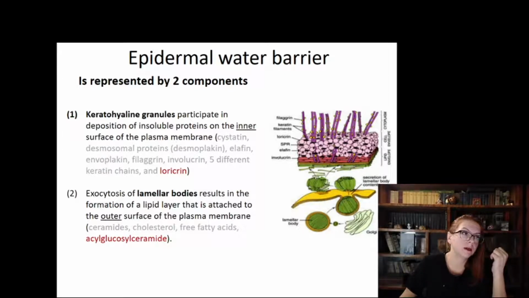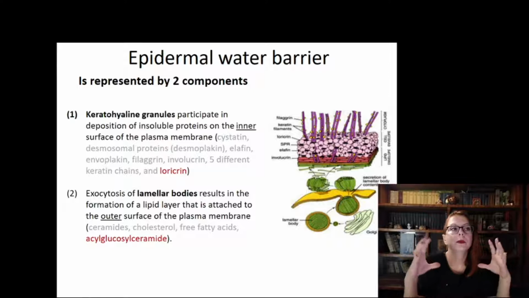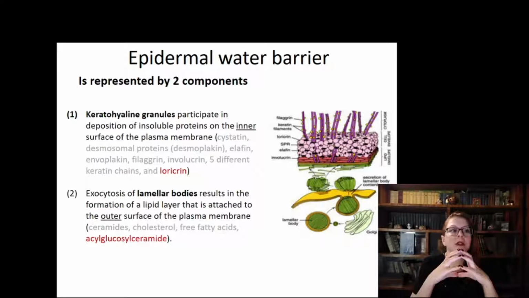So once again, keratohyalin granules contain different substances, but just keratohyalin. It contains trichohyalin and filaggrin, and they help to make those keratin filaments dense.